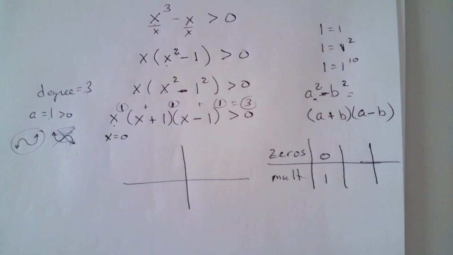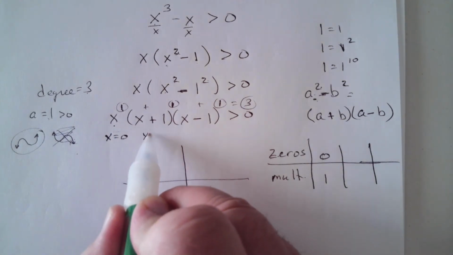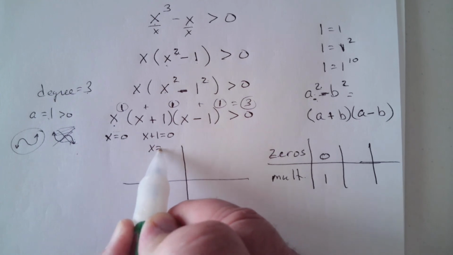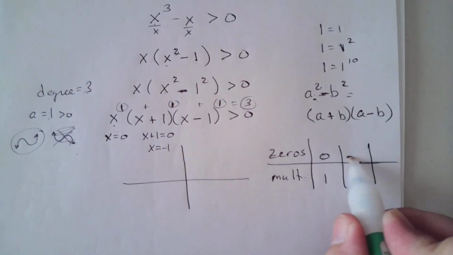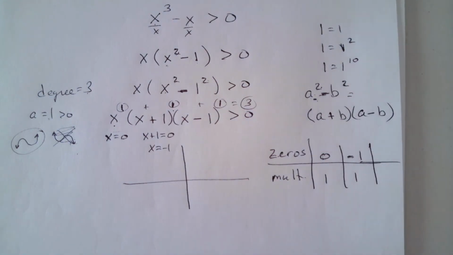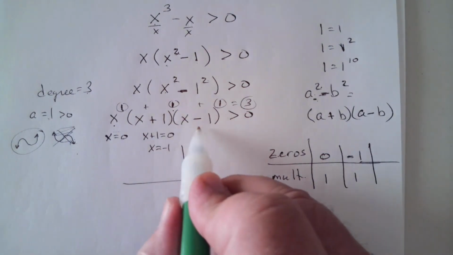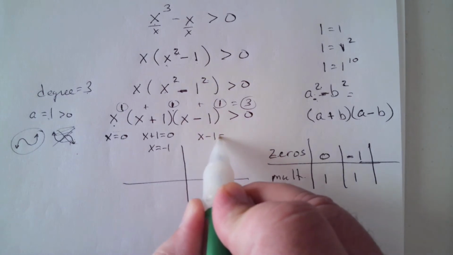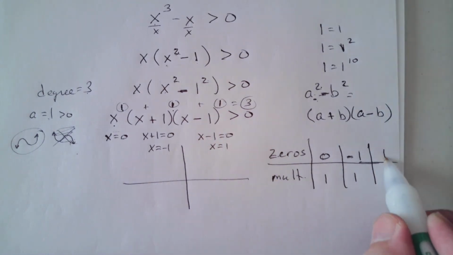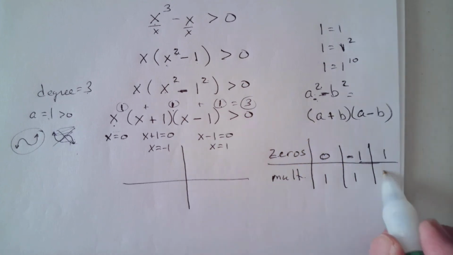It only happens one time. x plus 1 equals 0. x equals negative 1. So the zero is negative 1. Its multiplicity is also 1. And the last one, x minus 1 equals 0. x equals 1. Its multiplicity is also 1.